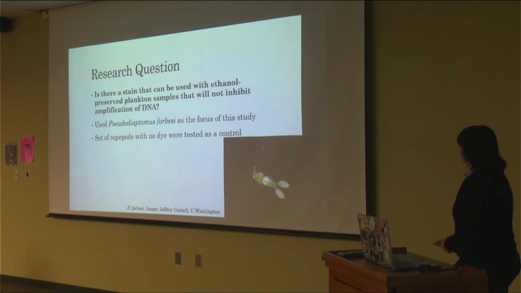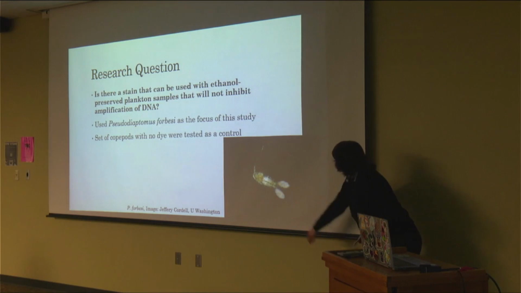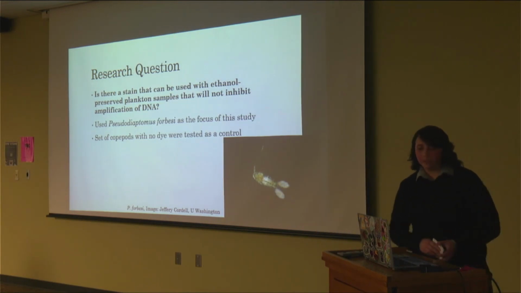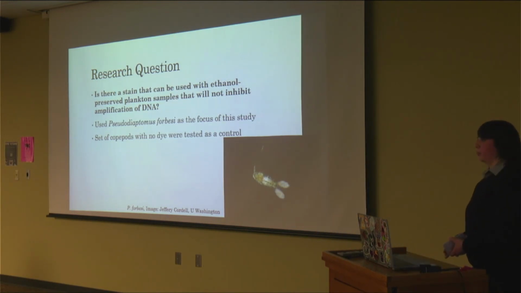You can tell by the egg sacs that are attached to the bottom here. We did have a question on whether or not we should remove those before continuing on with our process, as there was maybe the slightest question of it being able to affect the DNA, but we decided to just go ahead and leave them on, so you might be able to distinguish between male and female in my pictures going forward.